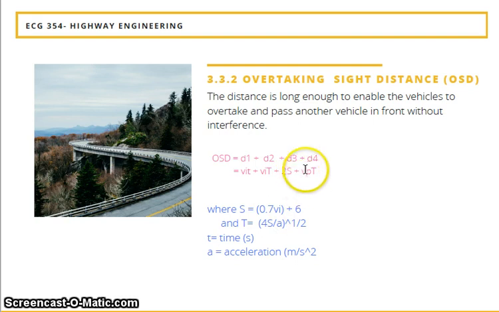D3 equals Vp multiplied by capital T, where Vp refers to the speed of the passing vehicle. So the formula of overtaking sight distance equals D1 plus D2 plus D3 plus D4.